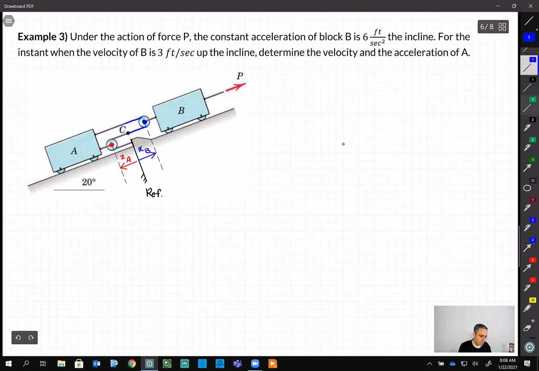If I continue this line, you see I'm right. At this moment, I can write this. Let's continue this line as well. And what about this length and this length? They are all equal to XA, right?